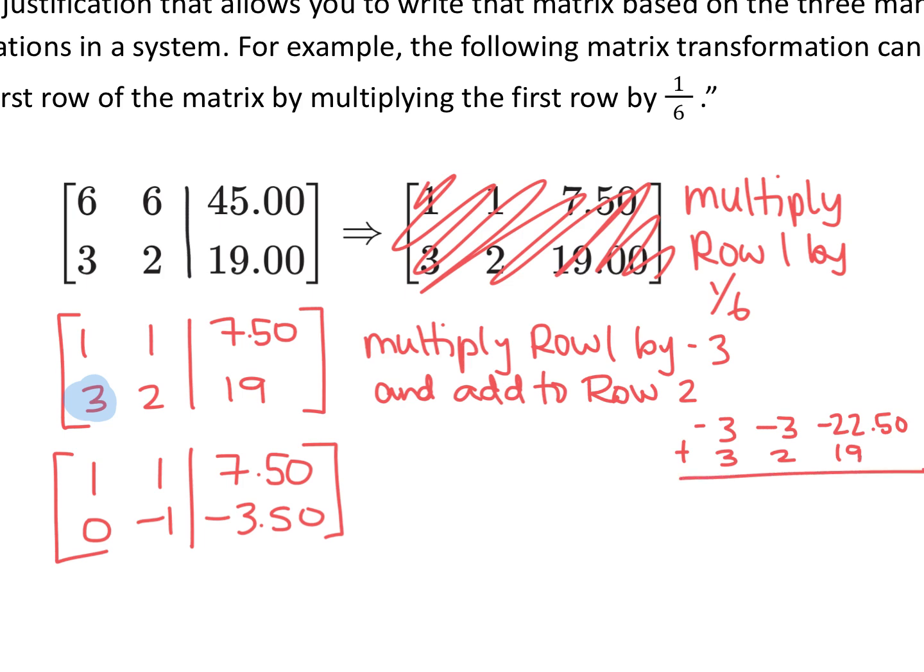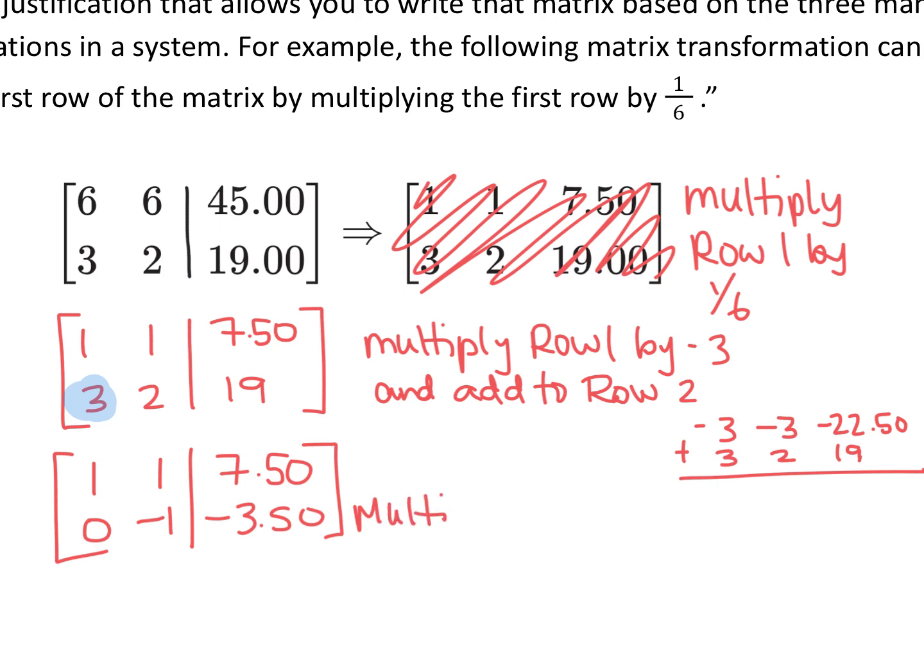That's what that description means. And so when I add those, I get a 0 in the bottom left slot. In the one to the right of it, I get a -1, and to the right of that, I get -3.5.